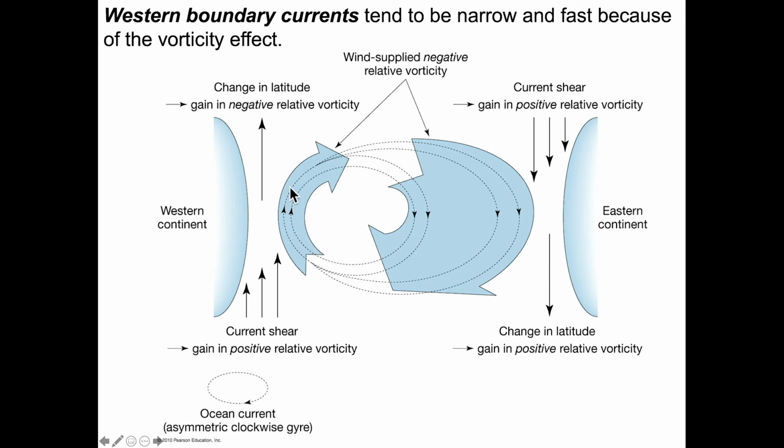This increase in latitude increases the vorticity, and the result is, as we travel along this gyre, it speeds up. So slow, fast, slow, very slow, getting slower because it's heading to the south where there's less vorticity. Heading west, no change in vorticity.